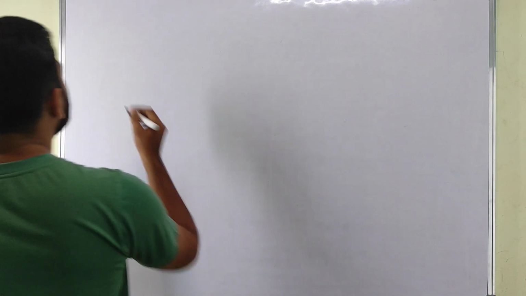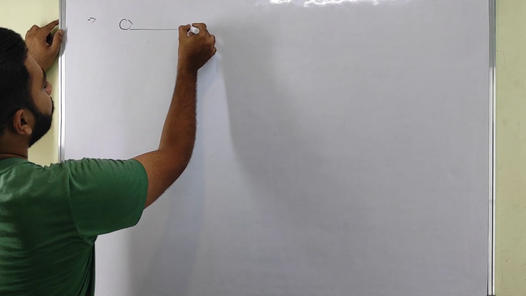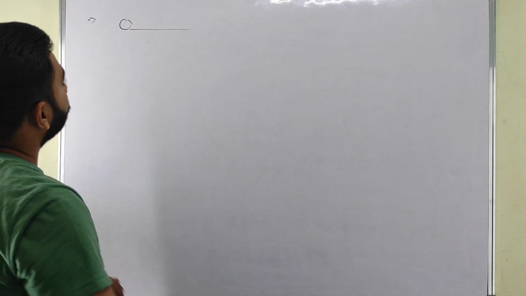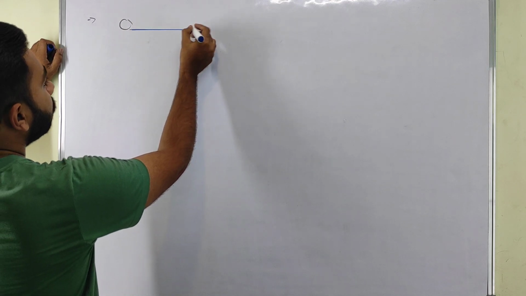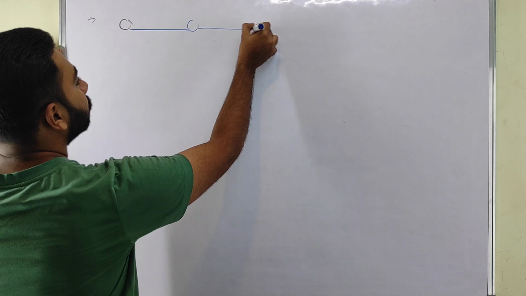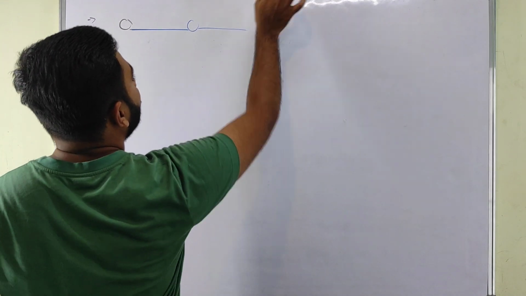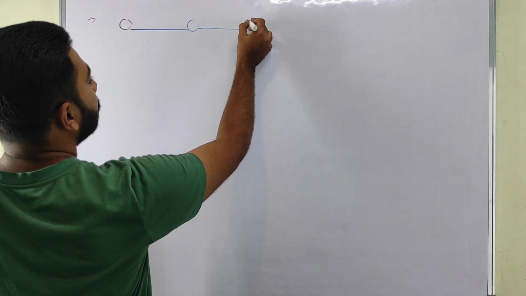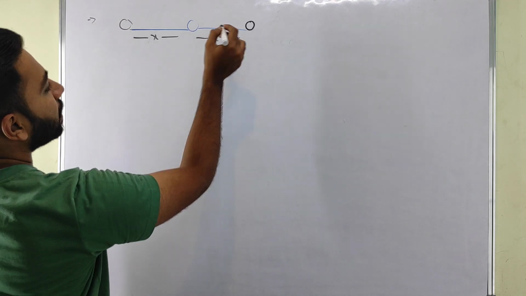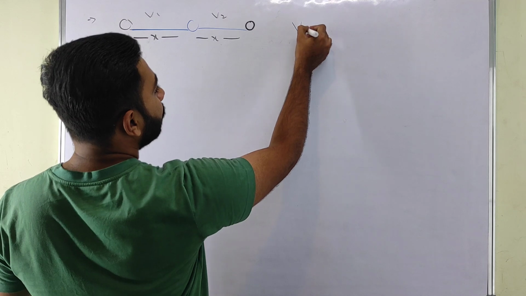What I am saying is, first thing, when they say a particle covering equal distances with velocity v1 and v2, you know here our average velocity.